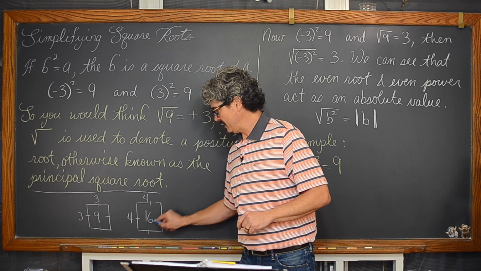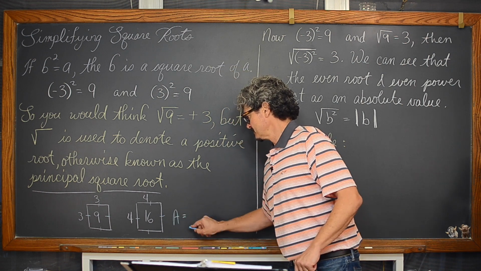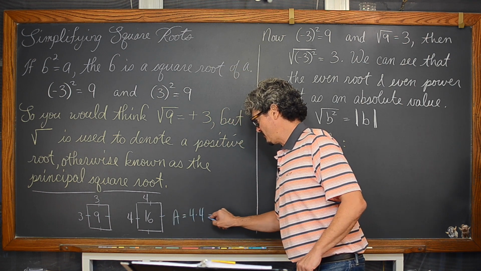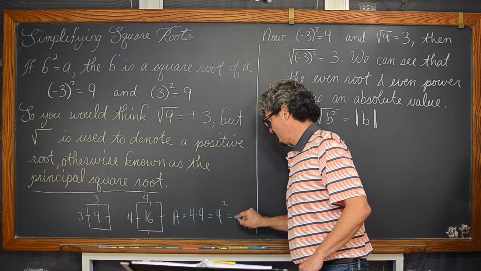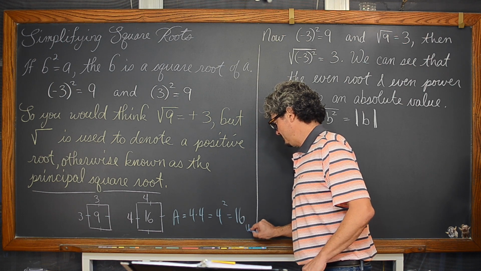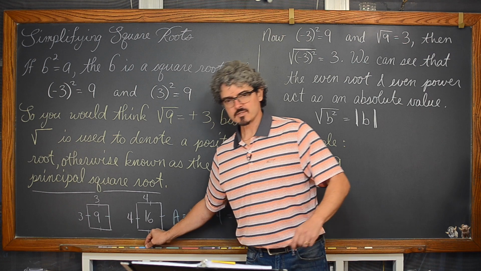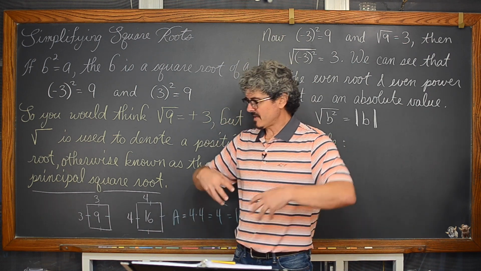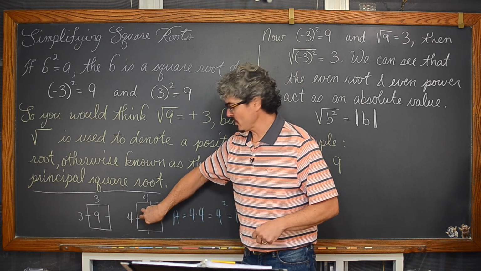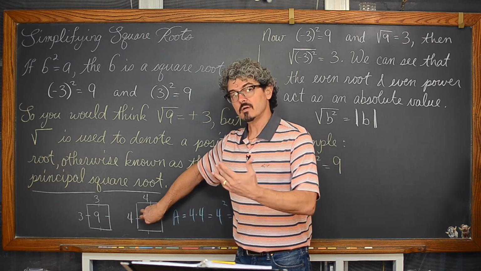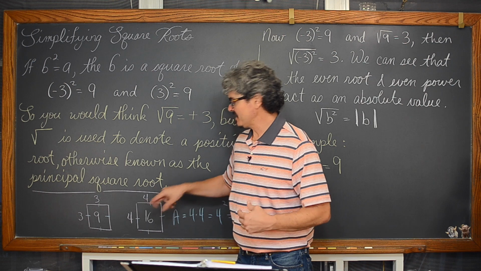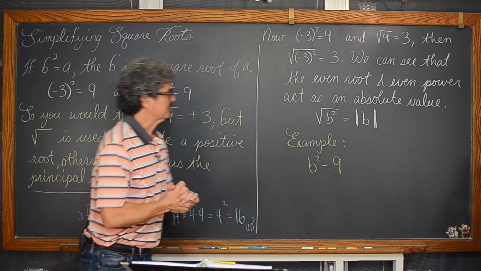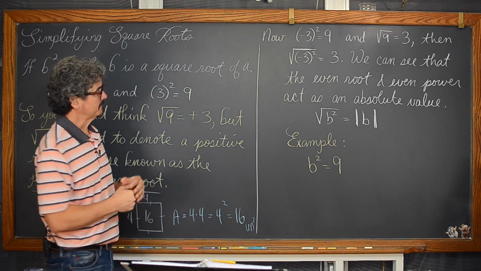Well, if you go to find the area of that square, that's going to be 4 times 4, or 4 squared, which is going to be equal to 16 square units. So you can think of the result of squaring a number as the area of a square, and the square root of that area is going to be the sides of that square that created that particular area that you're looking at.